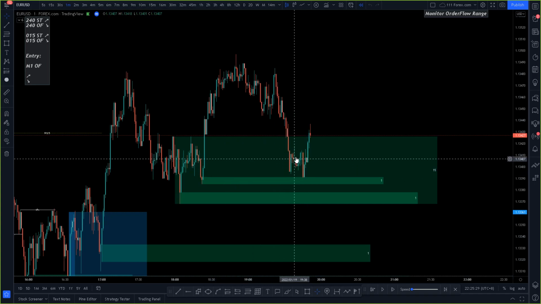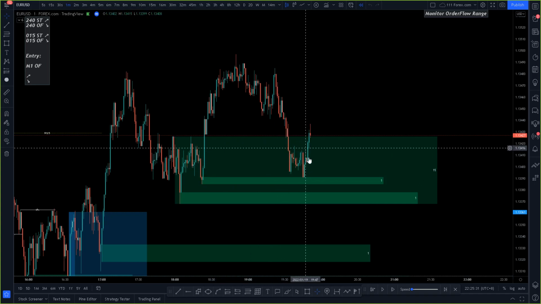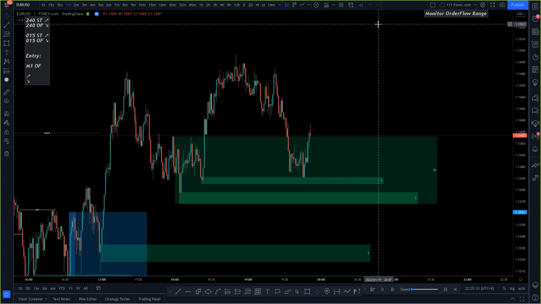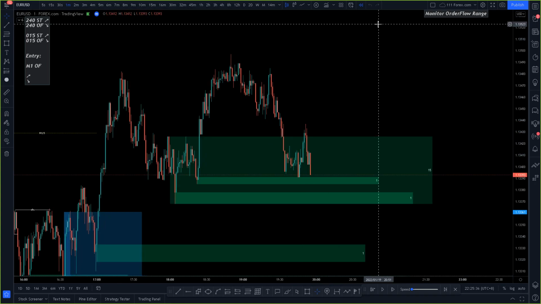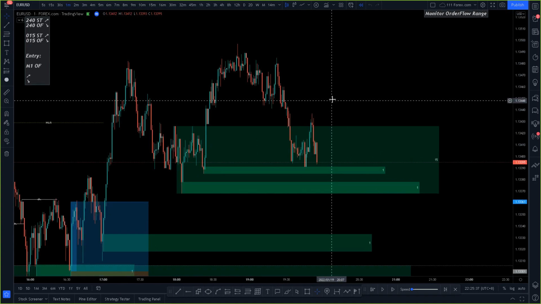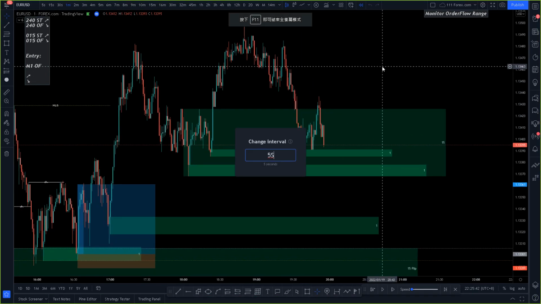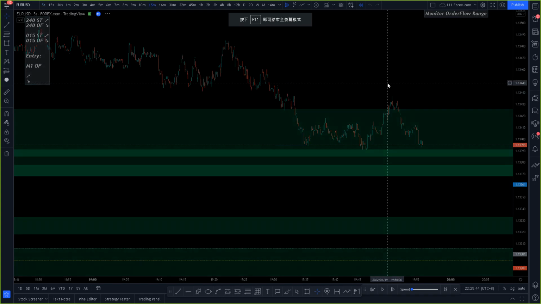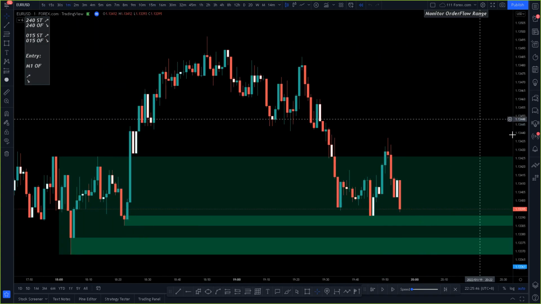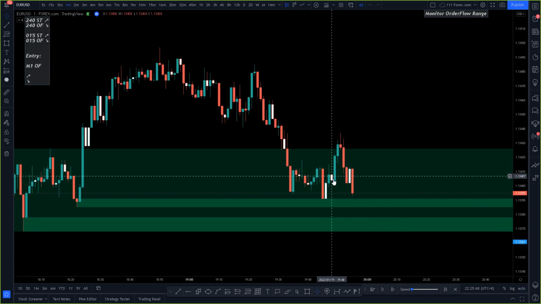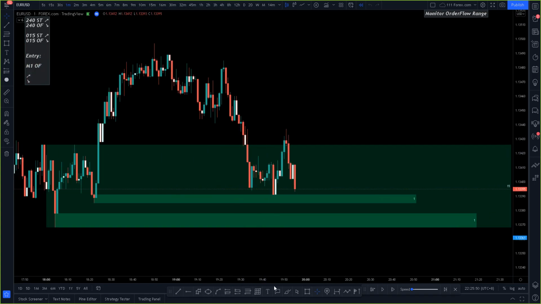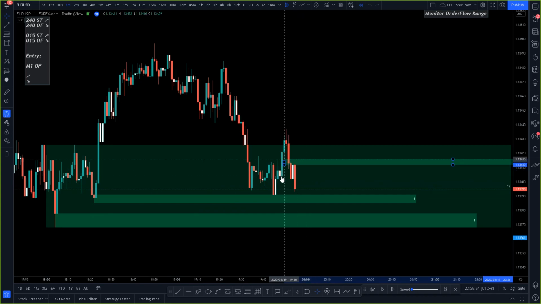Liquidation, mitigation, choke, flip, and here will be my entry, right? But it's just smashing through, like this area. It's just a buy.